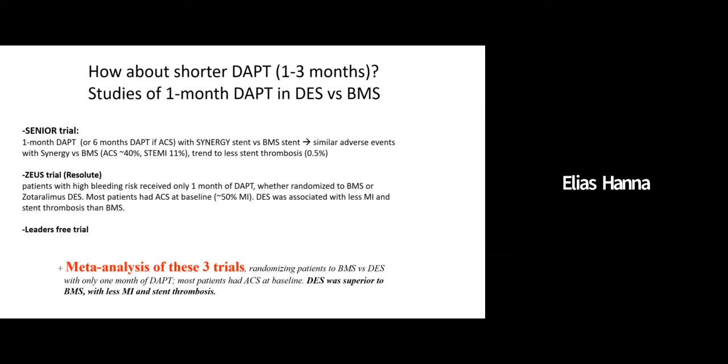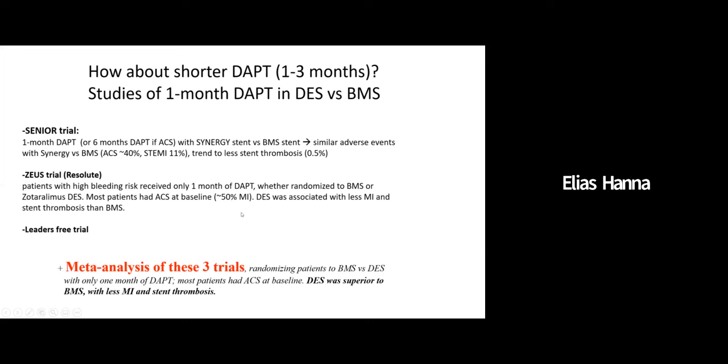Well, guess what? They compared 1 month of DAPT with BMS versus DES, the modern 2nd and 3rd generation DES: Synergy in the Senior trial, Resolute in the Zeus trial, and the Leaders Free trial, a European stent. With 1 month of DAPT, they included some ACS patients, especially the Zeus trial, 50% MI.